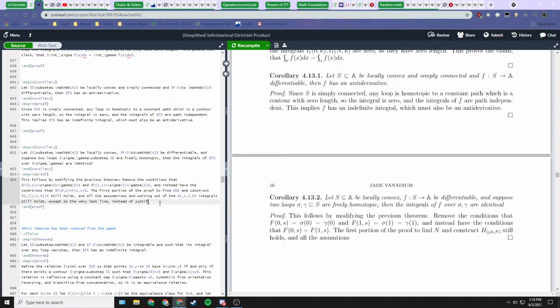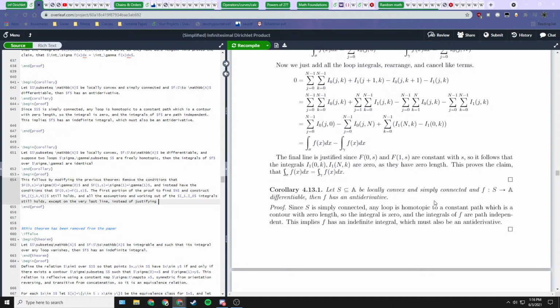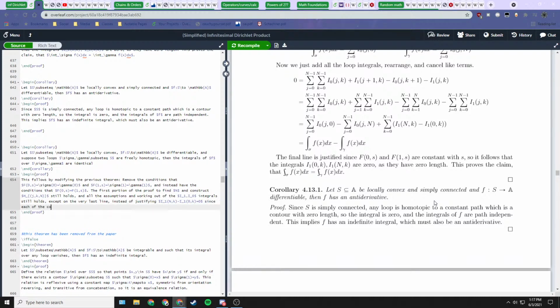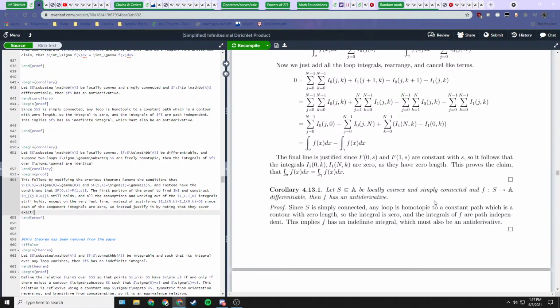instead of justifying I1 0k, so it should be I1 nk minus I1 0k equaling 0, since each of the component integrals are 0, we instead justify it by noting that they cover exactly the same path.